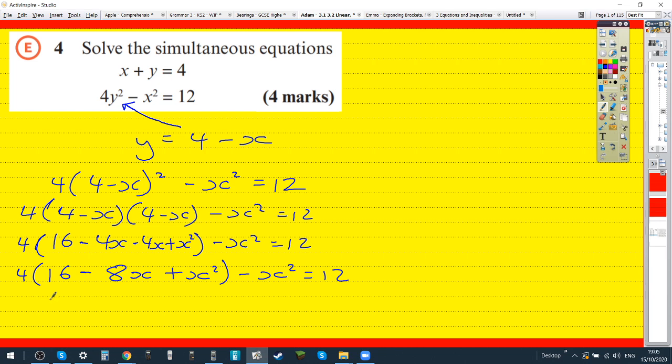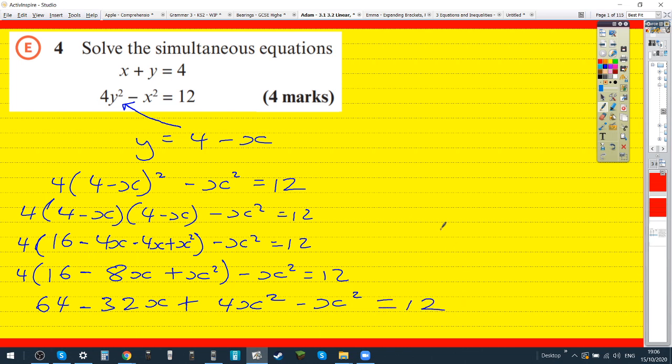So do you multiply everything in the brackets next? Okay. So it'd be 64 minus 32x, and then 4x squared, add 4x squared, minus x squared equals 12.